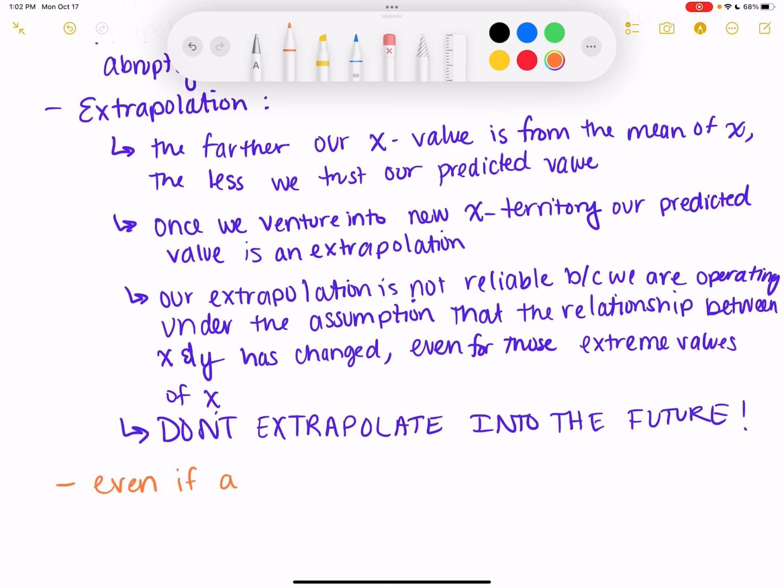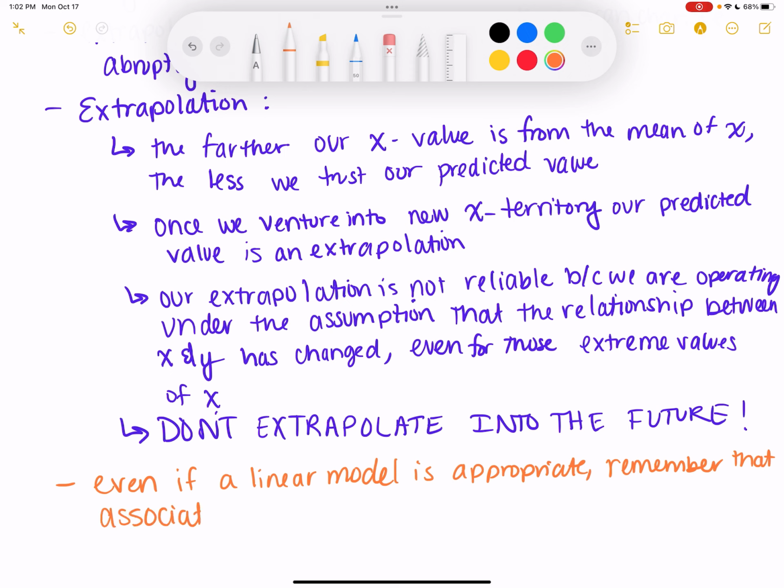Even if a linear model is appropriate, remember that association does not imply causation.